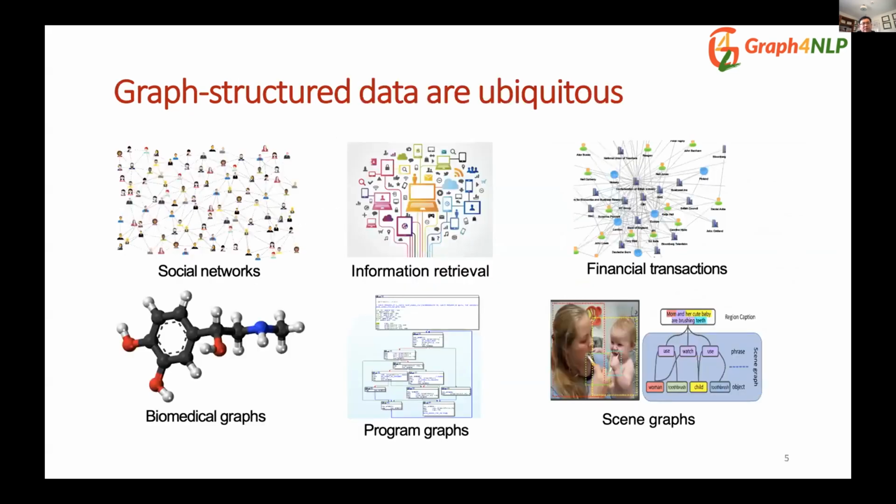Graph structured data is really everywhere, ranging from social networks and information retrieval, which naturally have all kinds of graph data available. Even in the finance domain, if we treat the transaction flow between the institution and each customer, we can formulate a financial transaction network.